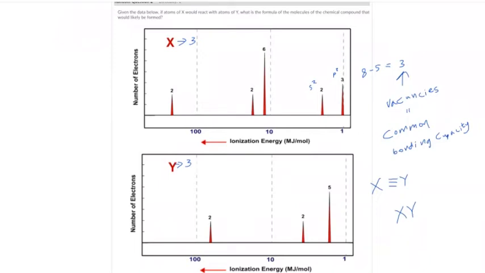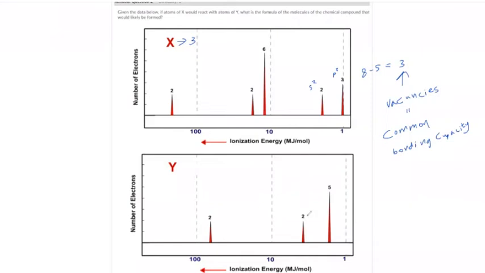All right, now again, the same scenario. When it comes to X, in the valence shell, you have 5 electrons. That means you have 3 vacancies. That is going to form 3 bonds. When it comes to Y, Y has 7 electrons in the valence shell.